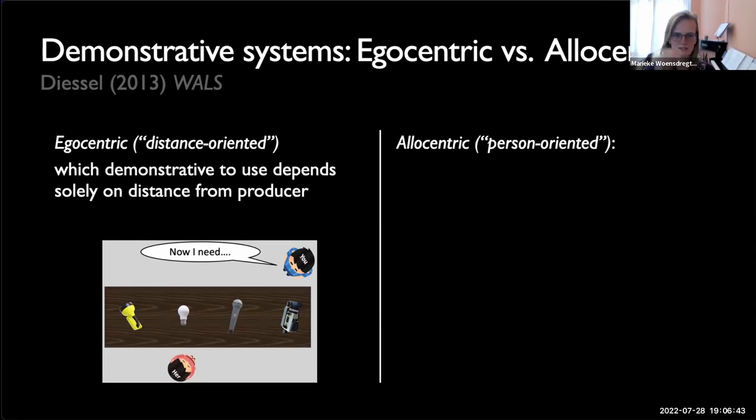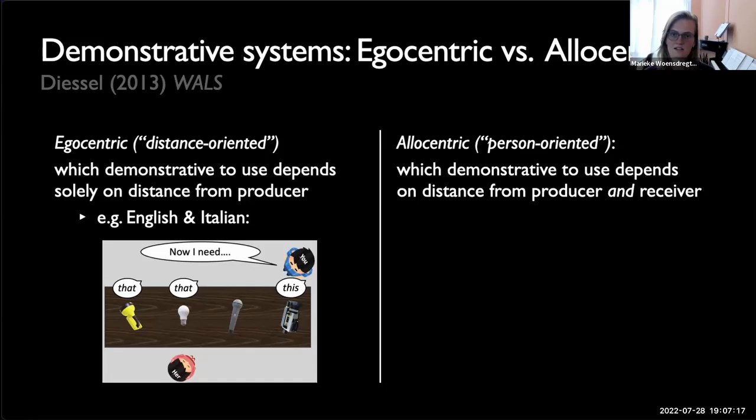So if you imagine that you're the avatar there at the top right in this image, and you're trying to explain to your friend which of these objects you need, if you speak an egocentric or distance-oriented language like English or Italian, you would just refer to objects closer to you as this or this one, and objects further away from you as that or that one. But which demonstrative you use doesn't depend on the position or perspective of the receiver.